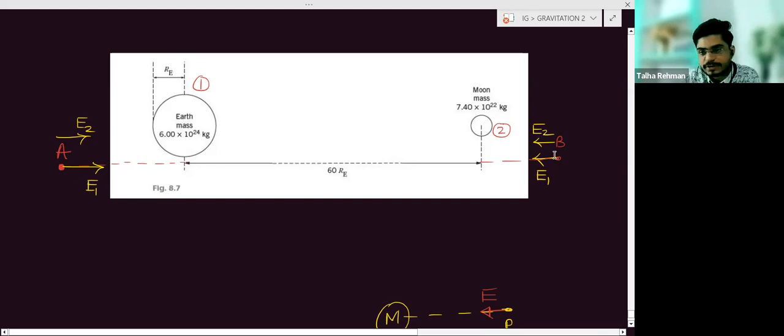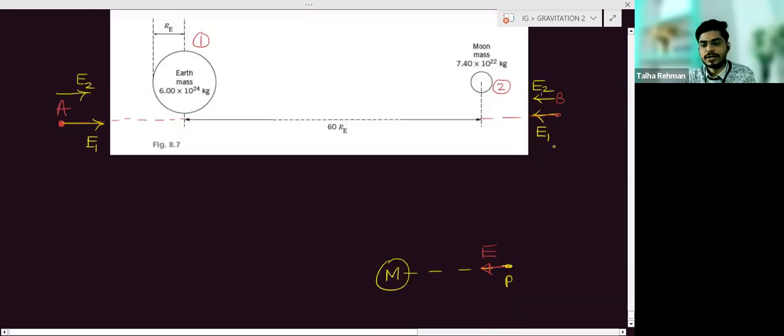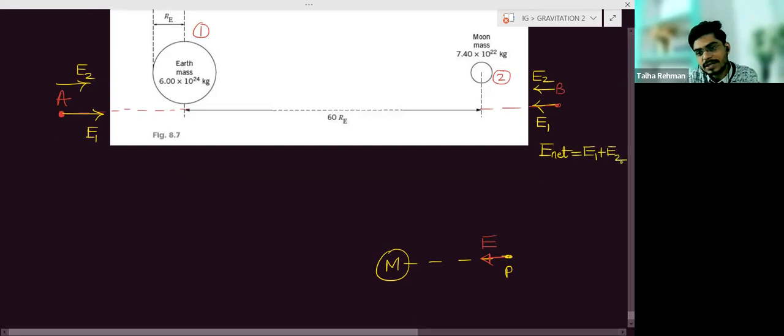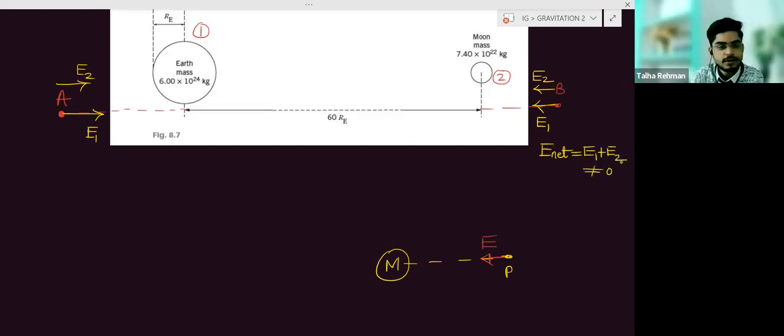So at point B also, on the right of the Moon, the gravitational field strength cannot be zero, because both are in the same direction and they will add up. Net E is equal to E1 plus E2, and that cannot be equal to zero.